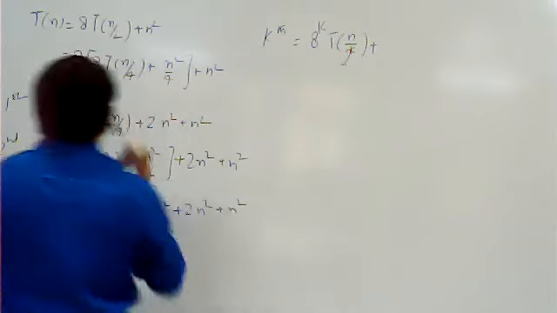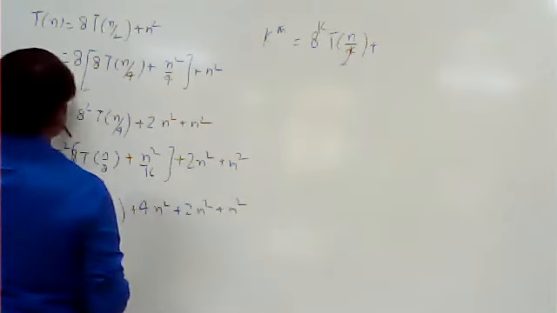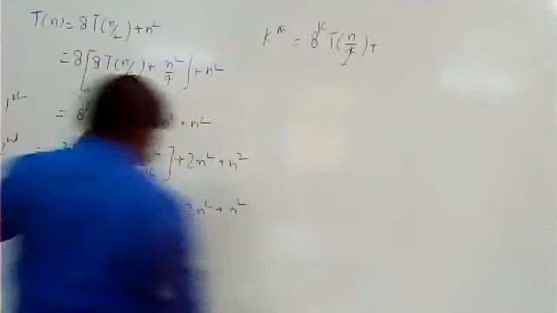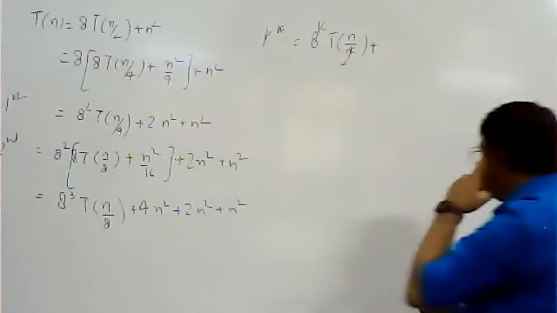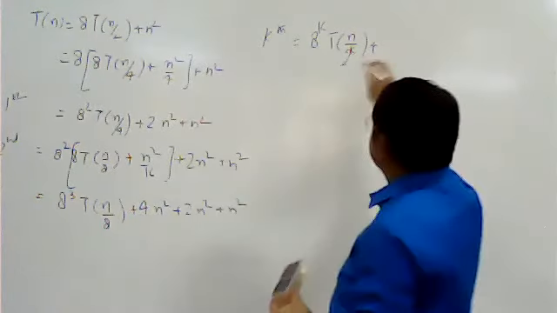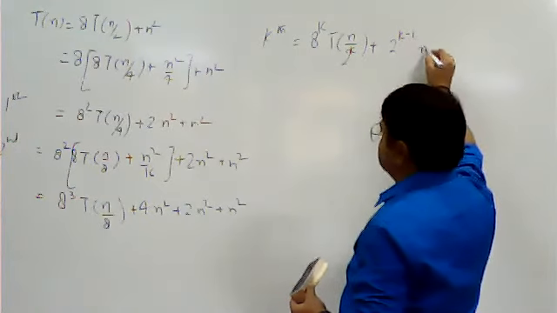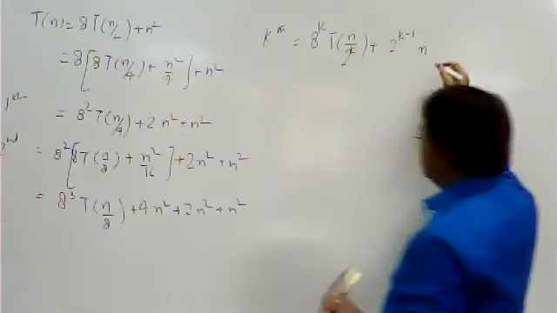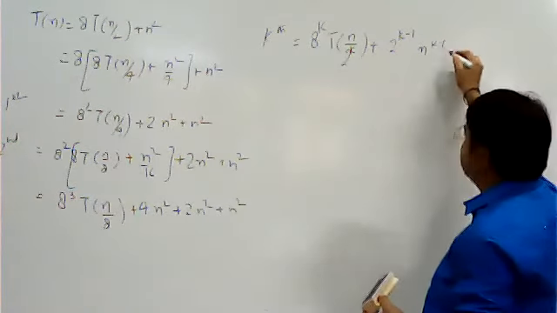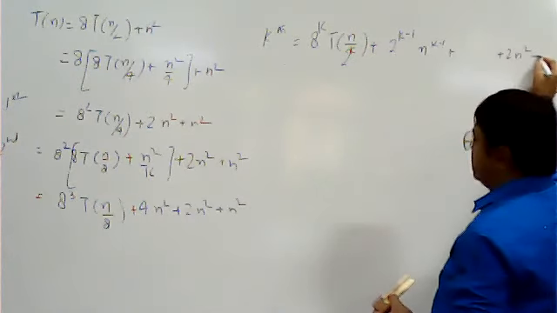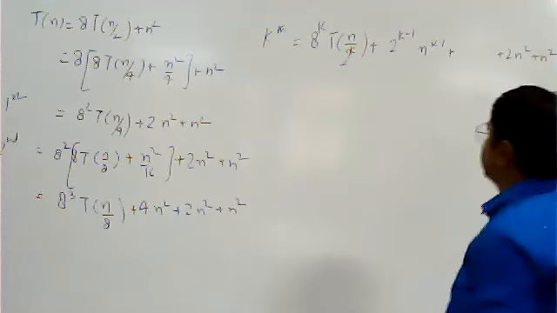Okay, that's right. So we will have 2 to power k minus 1, n square, plus and so on plus 2n square plus n square. Okay.